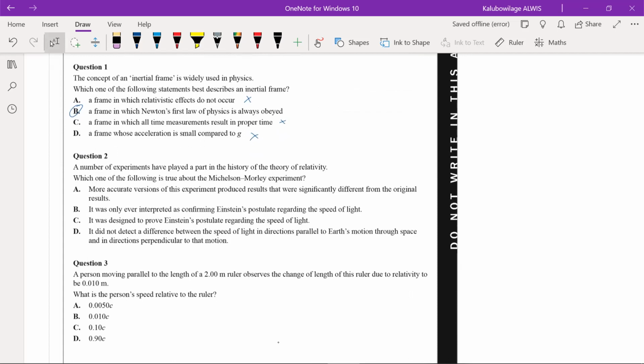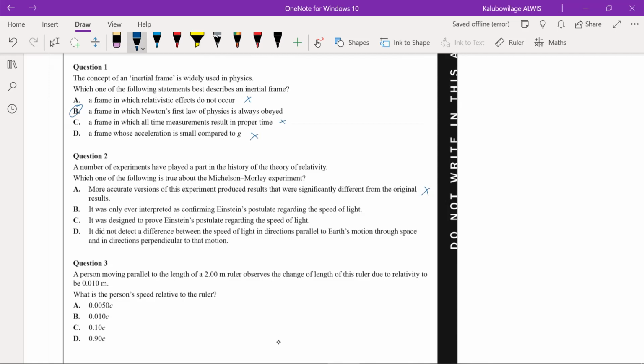A number of experiments have played a part in the history of the theory of relativity. Which one of the following is what the Michelson experiment? More accurate version of the experiment produced results that were significantly different. No, I know it's been the same. It was only ever interpreted as confirming.